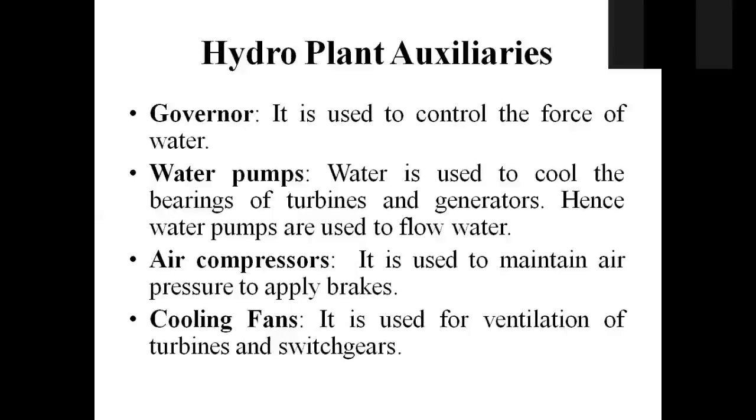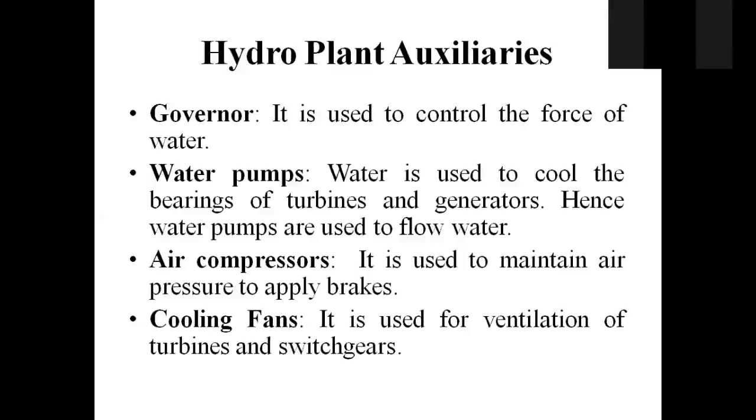So, let us have a look at some of the equipments. The first equipment is the governor. It is used to control the force of water which is striking the turbine.